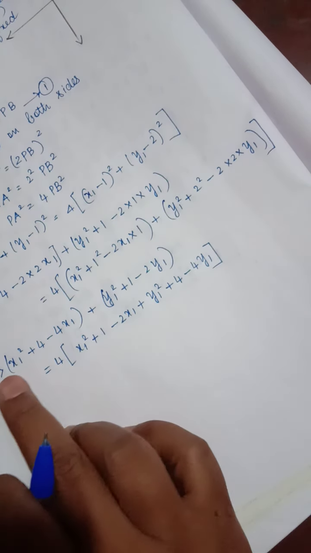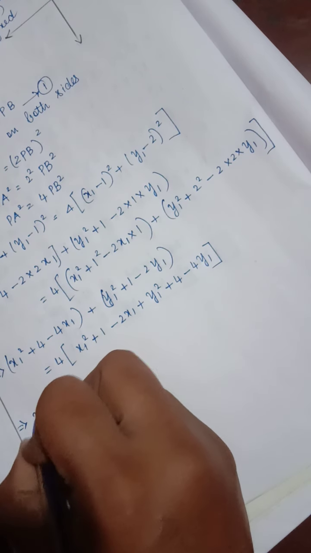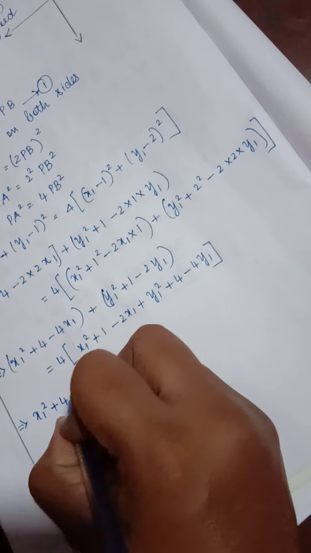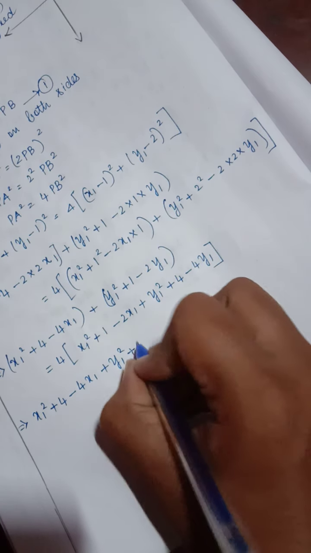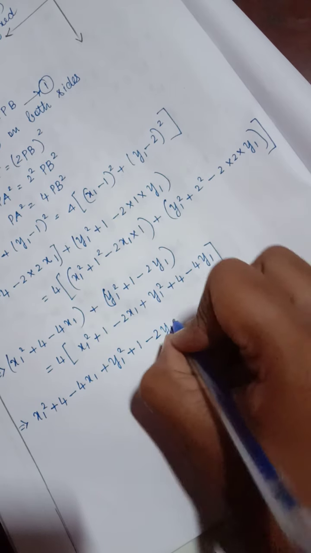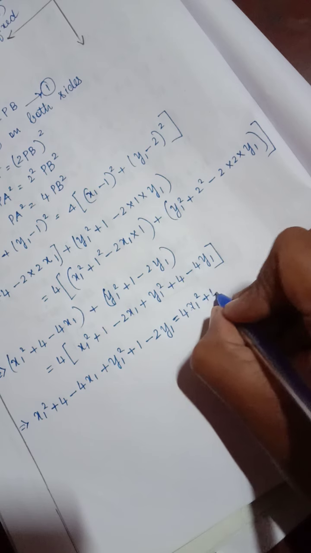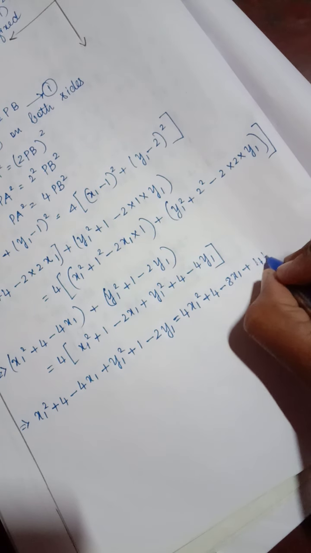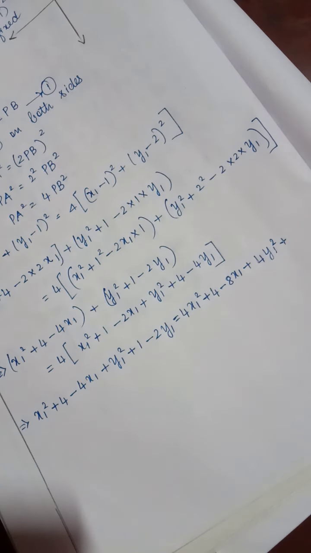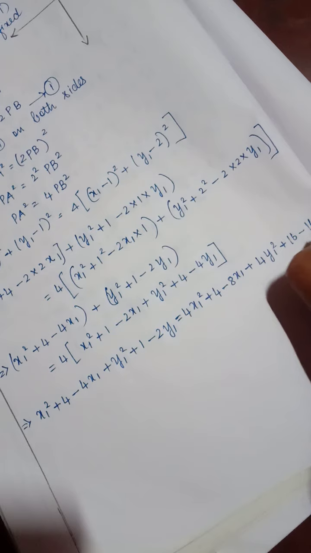Now we multiply this 4 inside. So the answer we get is x1 square plus 4 minus 4x1 plus y1 square plus 1 minus 2y1 equals 4x1 square plus 4 minus 8x1 plus 4y1 square plus 16 minus 16y1.